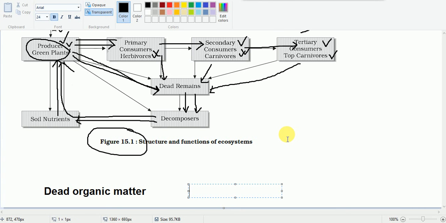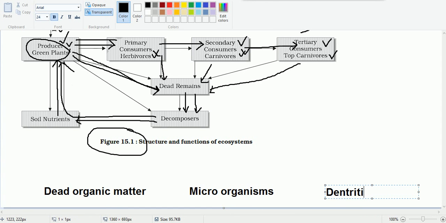Then we have microorganisms. Next we have detritivore. Detritivore means organism which eats detritus materials.